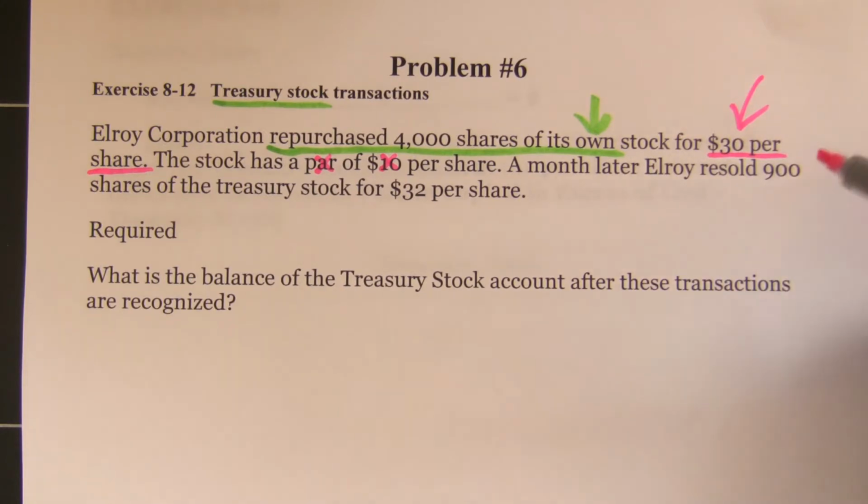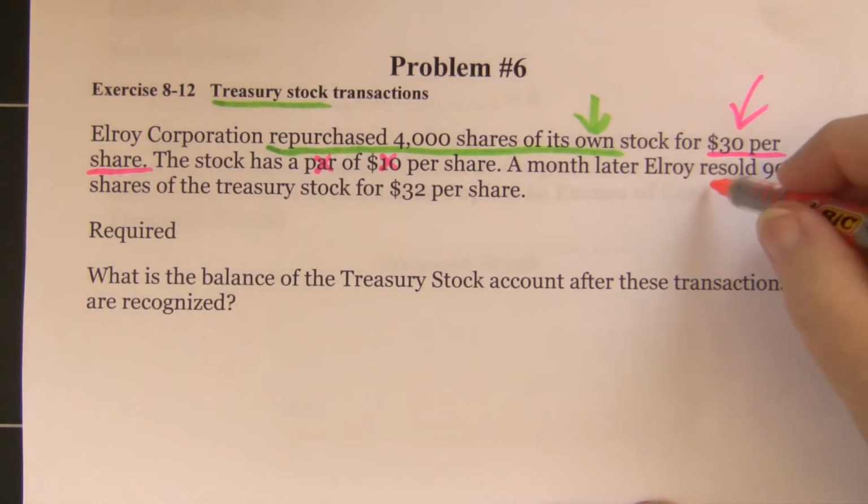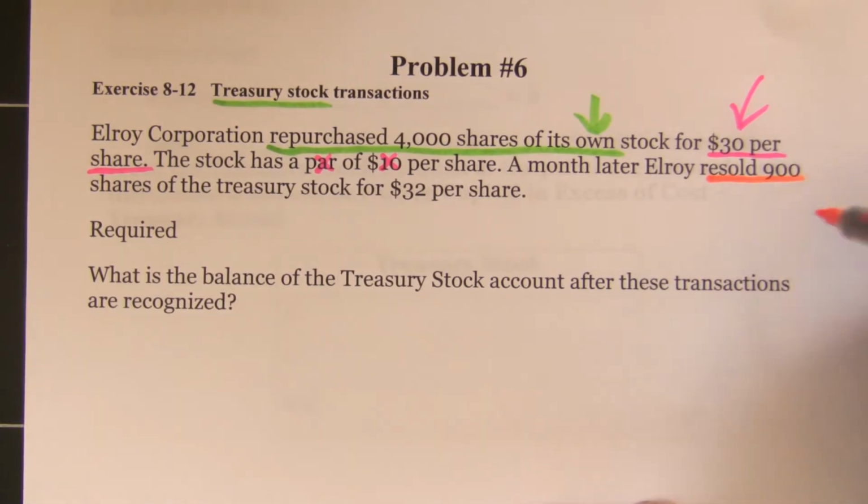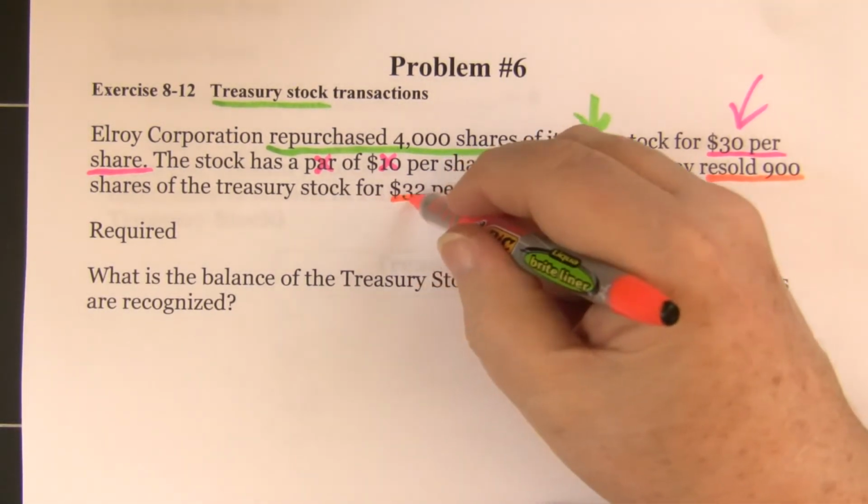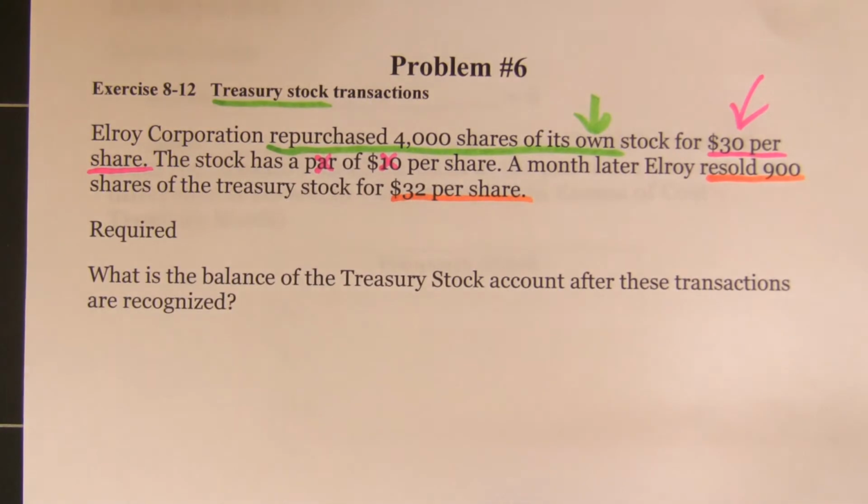Now, a month later, we resold 900 shares at $32 per share. That $32 per share acts like the new treasury stock. Okay?